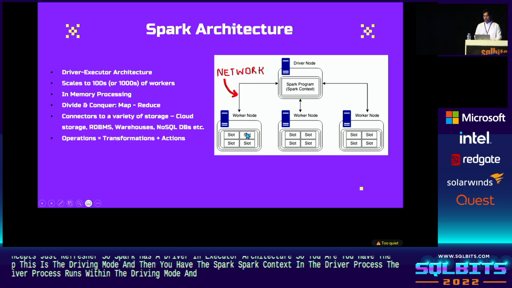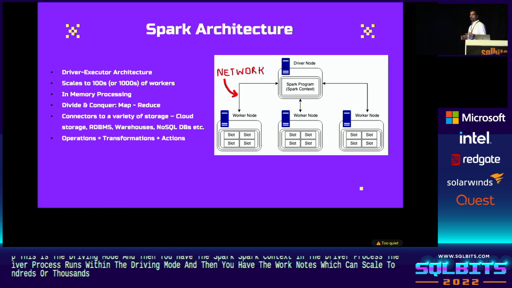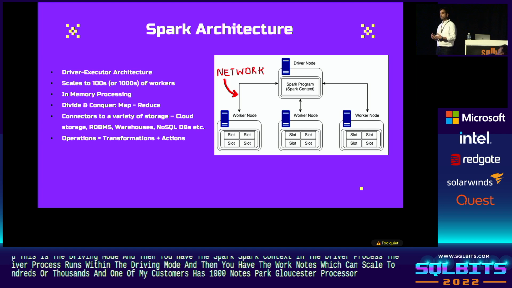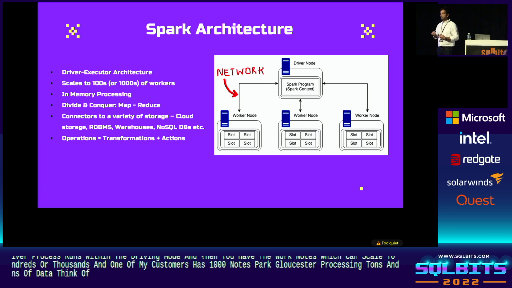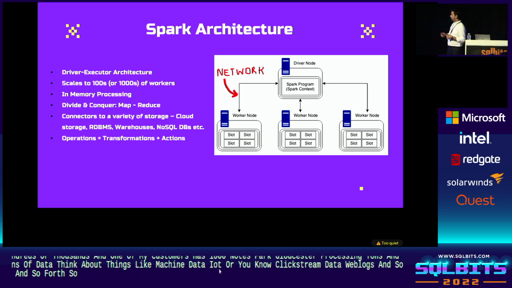And then you have the worker nodes, which can scale to hundreds or thousands. One of my customers has a 1,000-node Spark cluster, processing tons and tons of data. Think about things like machine data, IoT, clickstream data, weblogs, and so on. So it's a lot of data that they want to process.